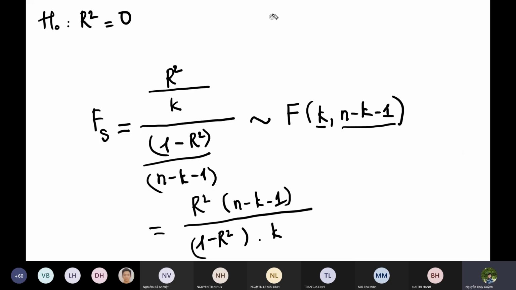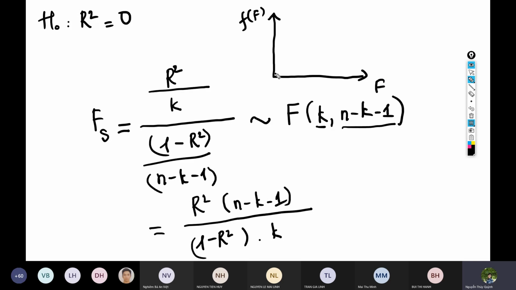Now look at the distribution of f. Here is our f, and this is its probability. The distribution of f will look like this. It is not symmetric, and the value of f is always greater than or equal to 0.